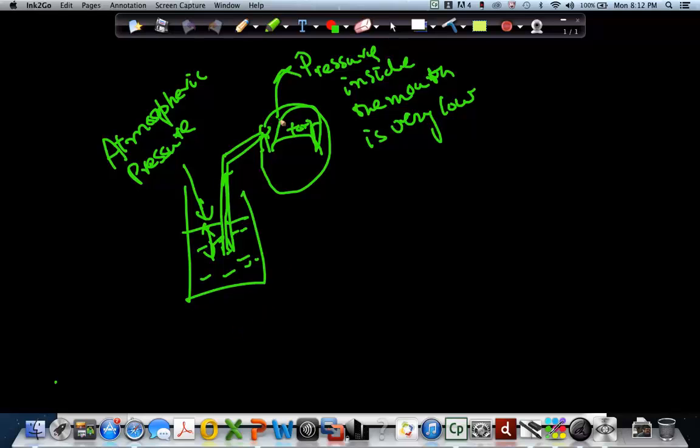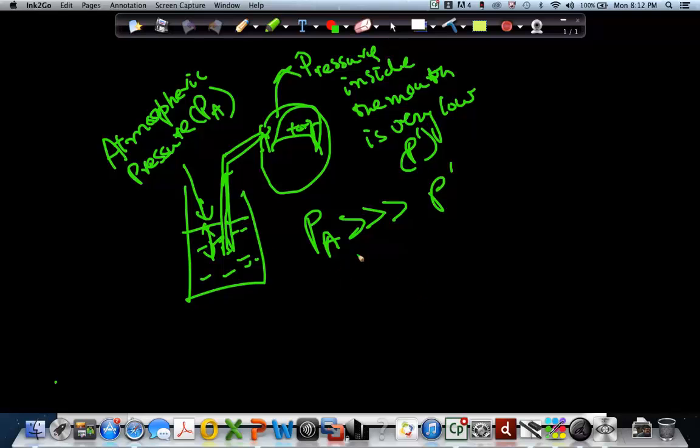So here the pressure is very low, whereas here is the atmospheric pressure. So let us say this pressure is P dashed and this is PA, atmospheric pressure. PA, atmospheric pressure, is far higher than P dashed, right?